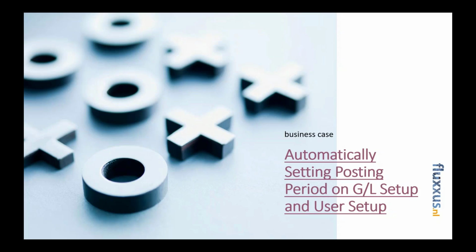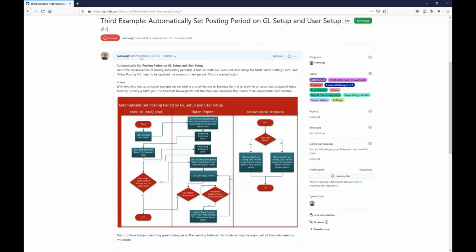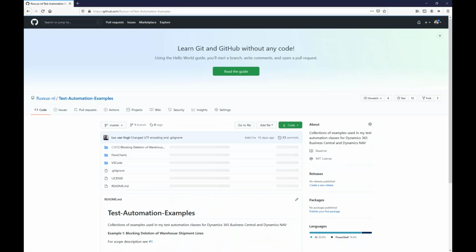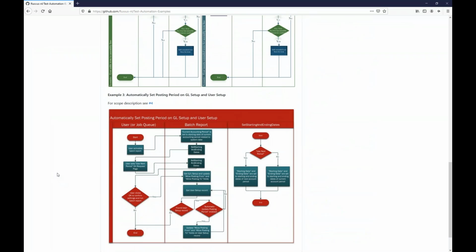The example. I'm going to demo this, but let me first show you this. I've been building up a GitHub repository with test automation examples. I haven't done a lot on it recently; this is mainly from before last summer.